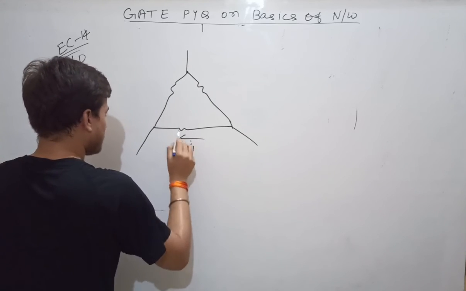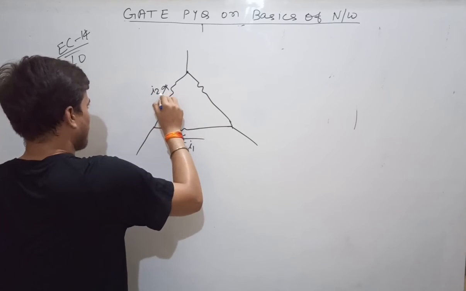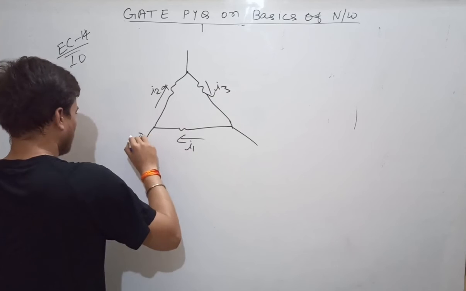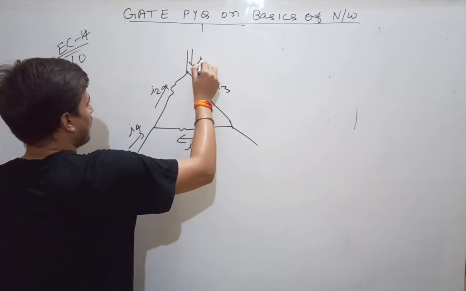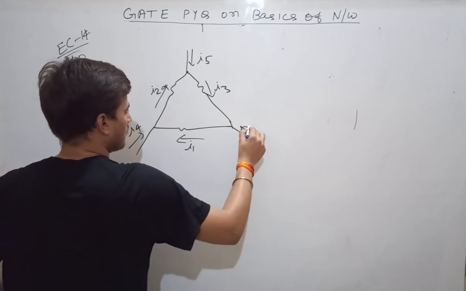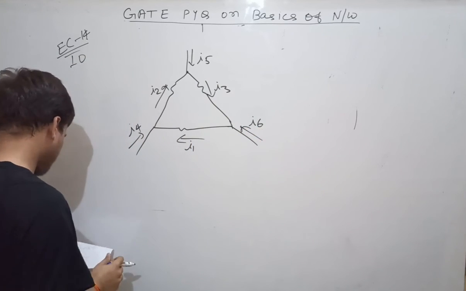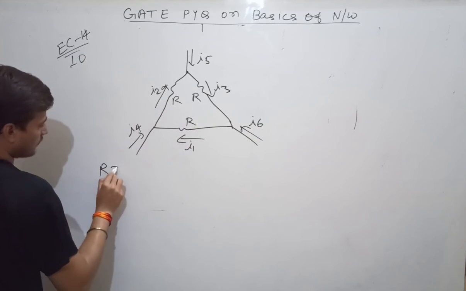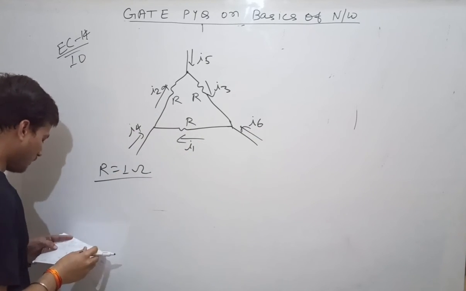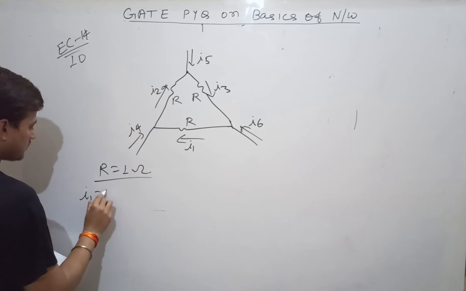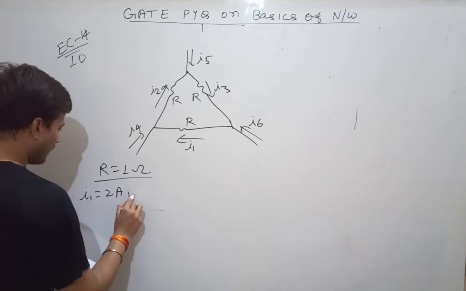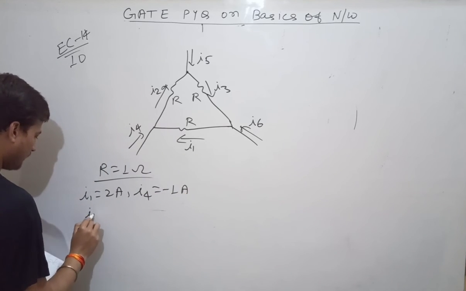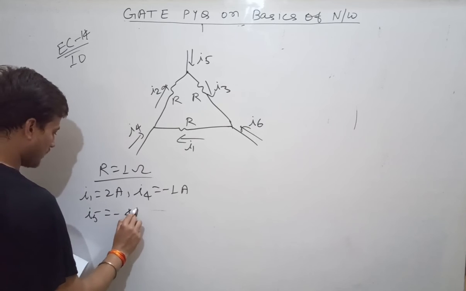The currents are I1, I2, I3, I4, I5 and I6. It is given that the resistances are R and R is equal to 1 ohm. I1 is 2 ampere. I4 is equal to minus 1 ampere and I5 is equal to minus 4 ampere.